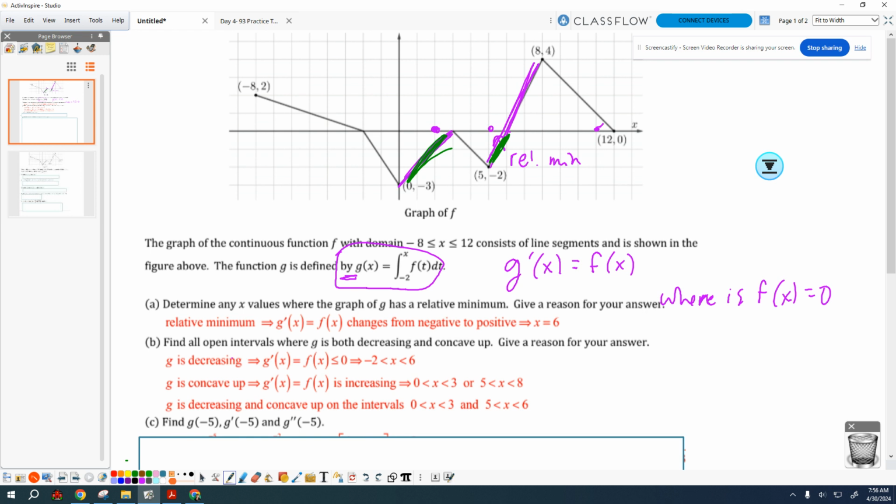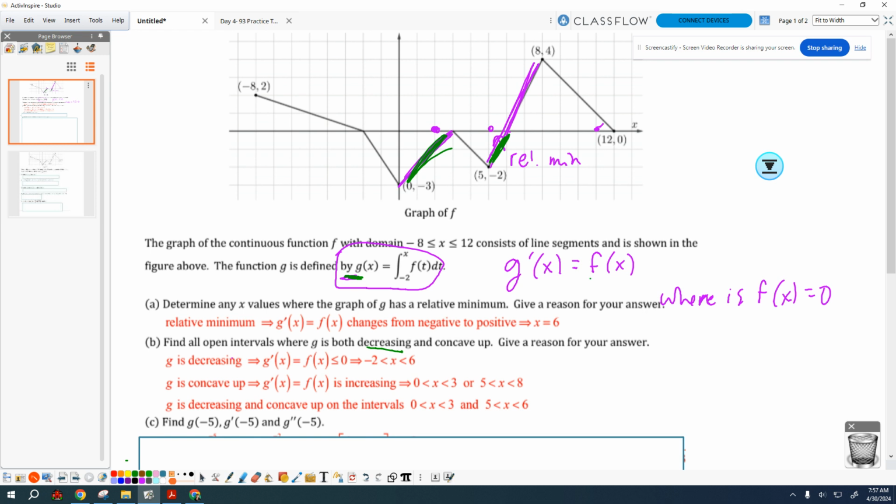Could you explain again how the interval of the first chunk starts at -2? Okay, where is g decreasing? g is decreasing when it has a negative slope, right?